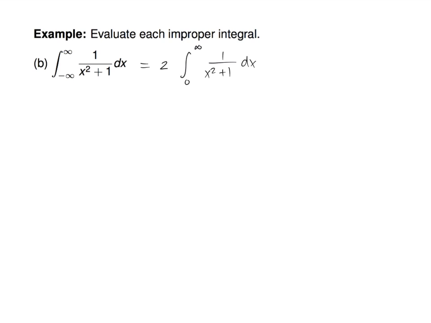And that's nicer, right? All right. So now change that integral into a limit. So twice the limit as b goes to infinity of the integral from 0 to b of 1 over x squared plus 1.